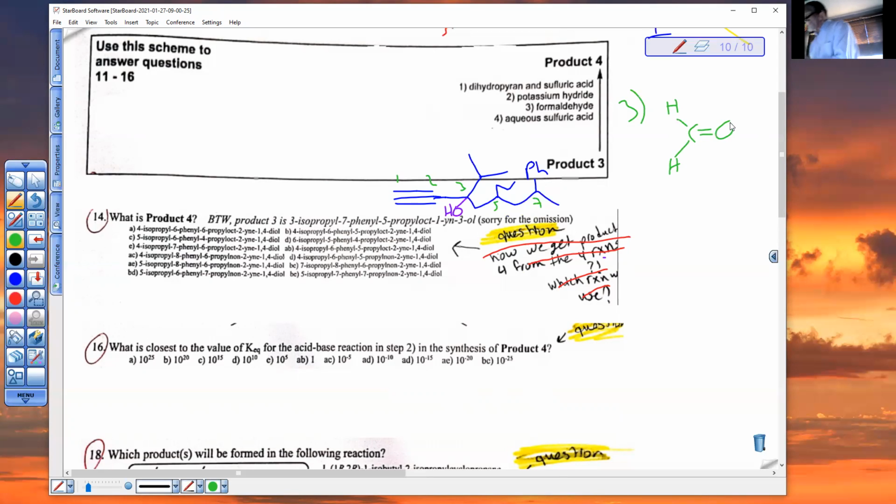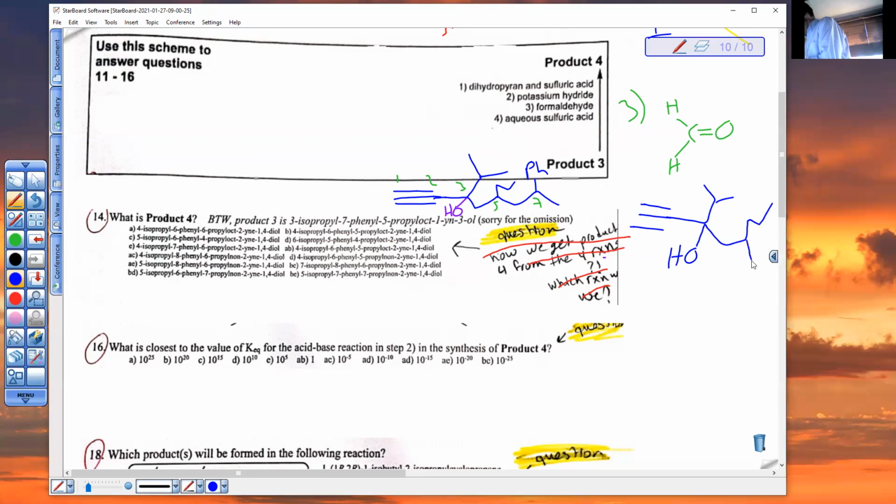It protonates the O- that this becomes, and it deprotects the dihydropyran group from here. So you get this OH back. Product 3 is going to look like everything we see in blue stays. The OH, we protected it and then deprotected it, so it's back.